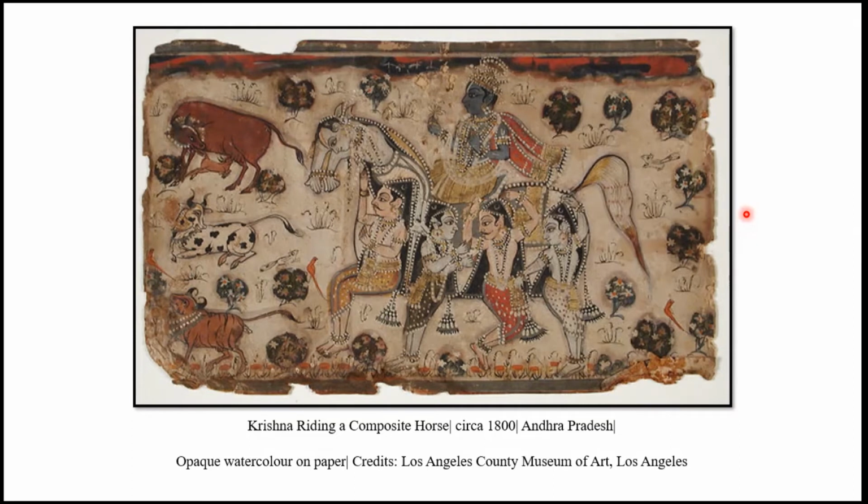And the Mughal types of composite paintings could depict the grandeur and pomp of the court. But really, the meaning of these paintings is open to interpretation. This is again Lord Krishna on the horse, composite horse, made up of 5 figures.